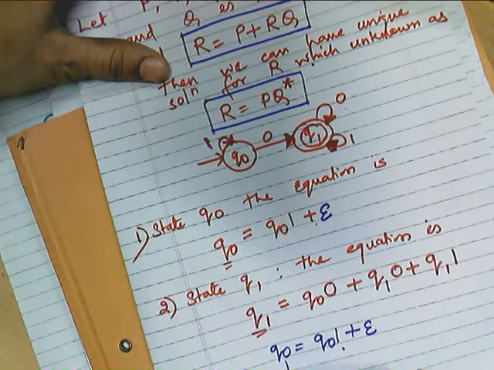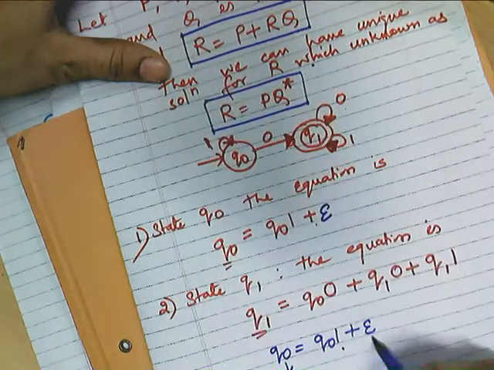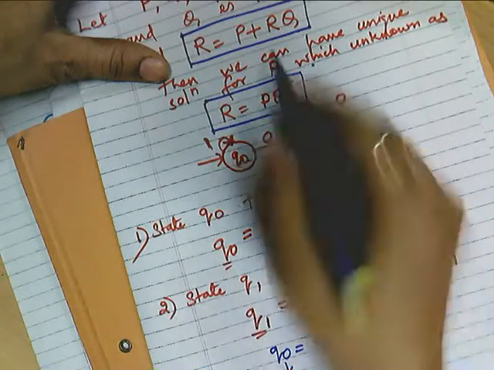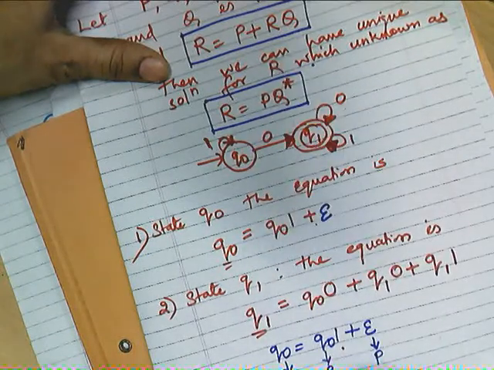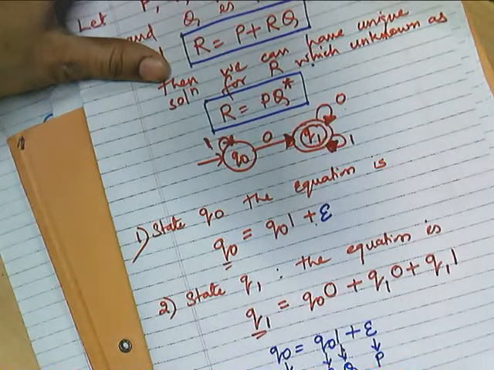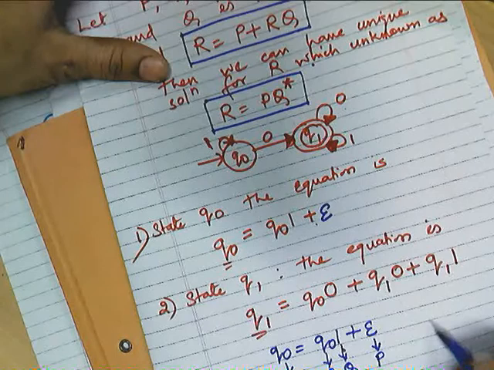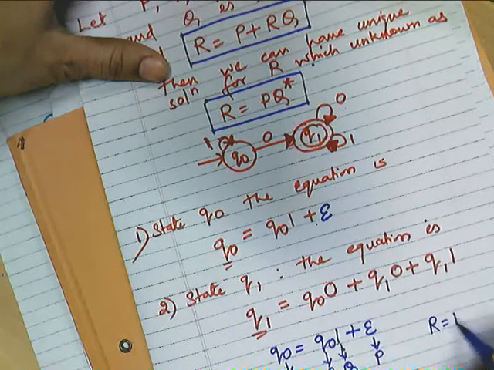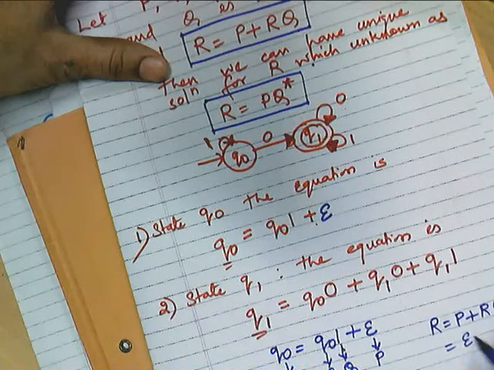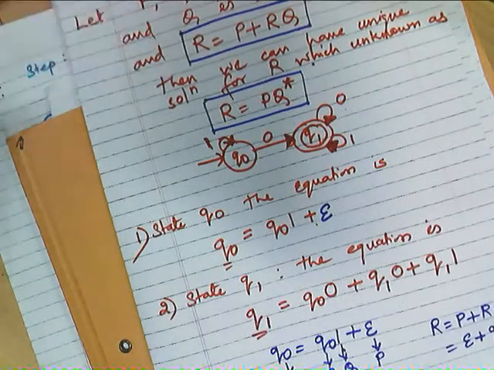Now if we consider this as R, this is your P and this is again your R and this is your Q. So is it giving the appearance of R is equal to P plus RQ, that is empty plus Q0 1?